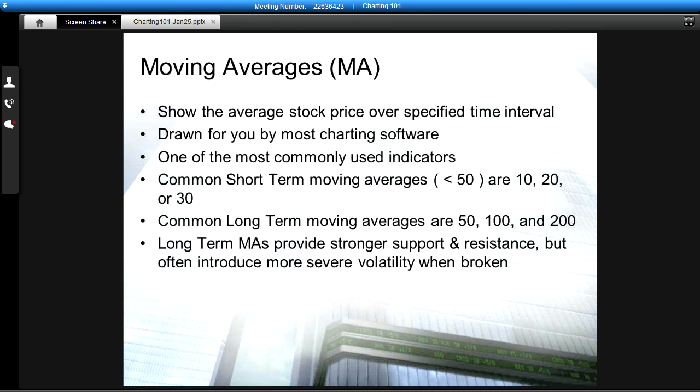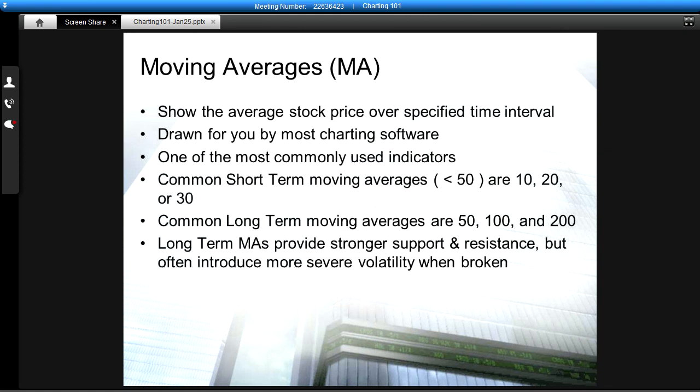It's probably one of the most commonly used indicators by most traders. You got to figure there's thousands of traders that use a variation of different moving averages. Some common short-term moving averages are the 10, 20, or 30-day period, but anything under 50 I find is very specific to the trader themselves. They have their own parameters. They may like a 9 or 27.